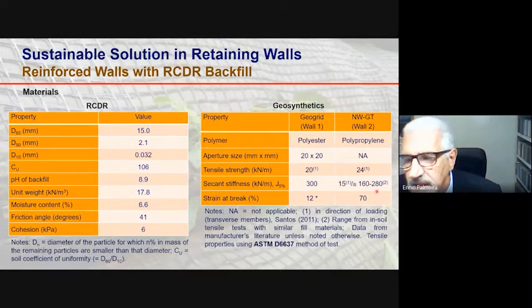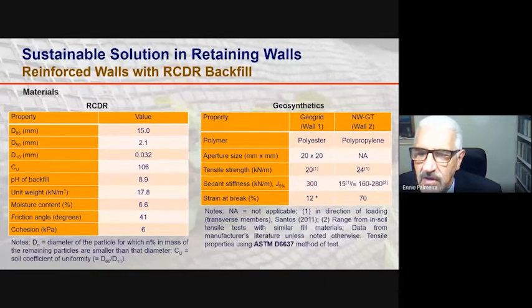But if the geotextile is tested confined in the soil, then its tensile stiffness can increase significantly, varying between 160 to 180 kilonewtons per meter, so comparable to some extent to the tensile stiffness of the geogrid used in wall 1.